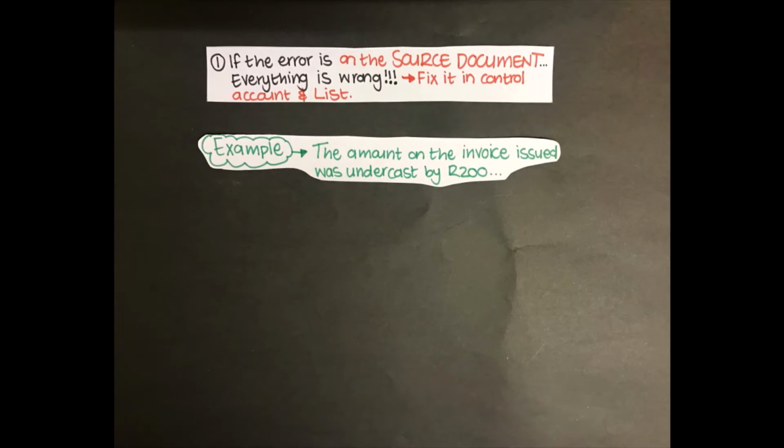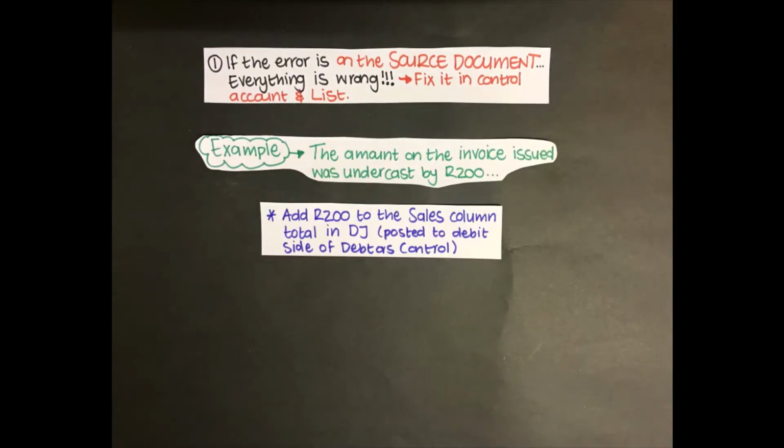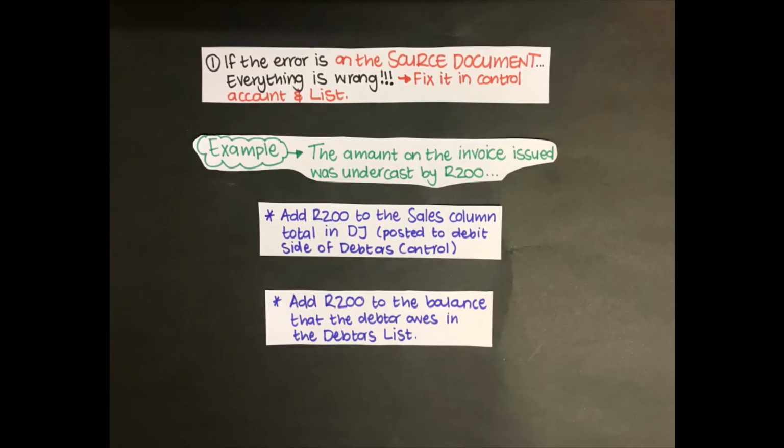So it was posted to the debtor's ledger incorrectly and at the end of the month to the general ledger incorrectly. So you have to go and add 200 Rand to the sales value on the debit side of debtors control. And you have to go and add 200 Rand to the specific debtor who we sold the products to on credit in the debtors list.